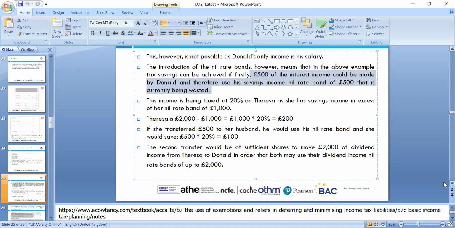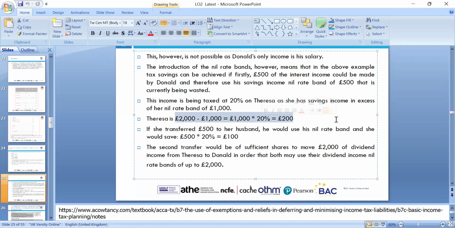Any question please, anyone? The income is being taxed at 20% in that case. So it's a matter of applying the rates. We can advise: 2,000 minus 1,000 at 20% is 200. If she transfers 500 to her husband, he would use his nil rate band and she would save 20% of 500, which is 100 pounds.